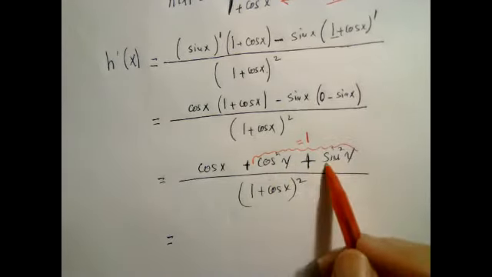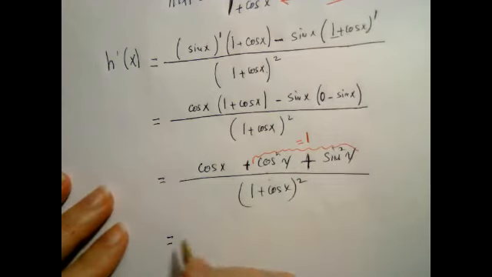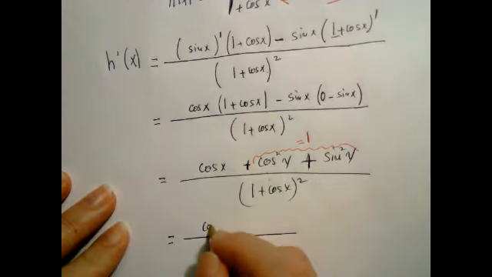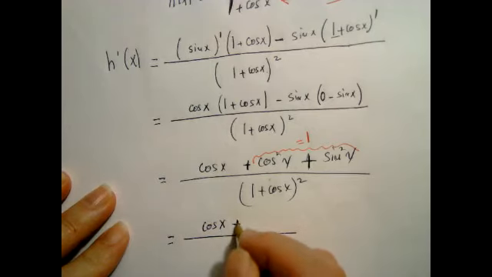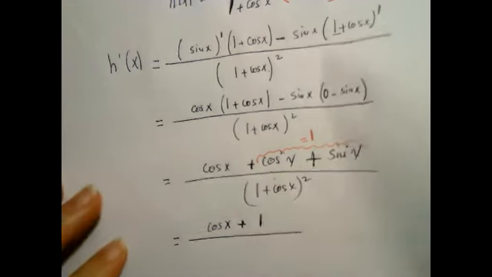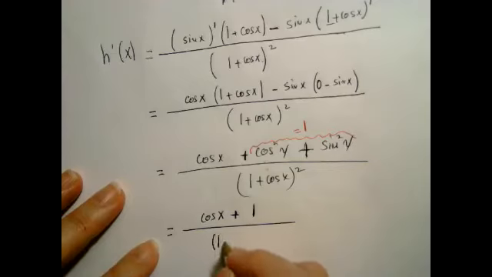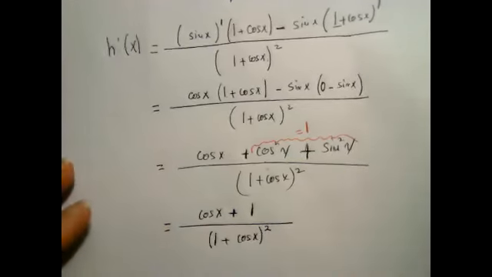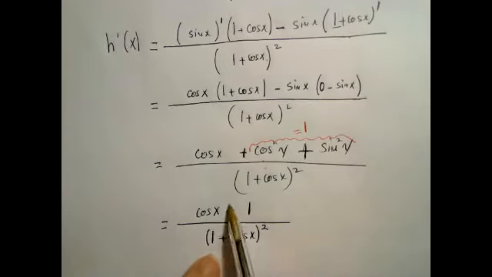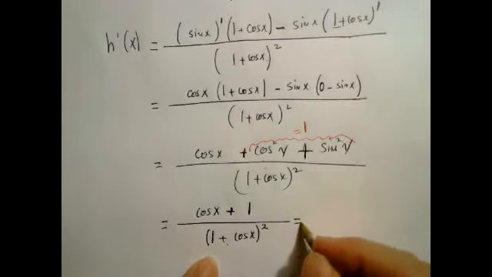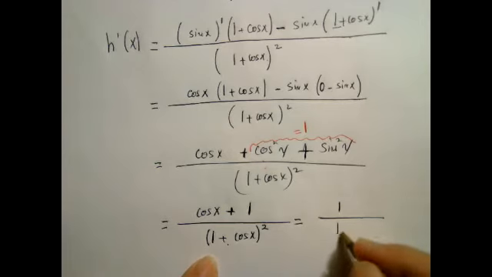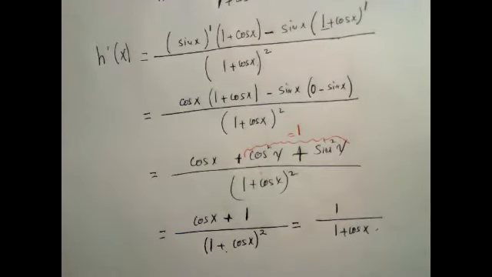So this would give me cosine x plus 1 over 1 plus cosine x squared. So this could be simplified. Now I have this over that, so this would leave me with 1 over 1 plus cosine. Okay, so it's a verbatim application of the quotient rule.